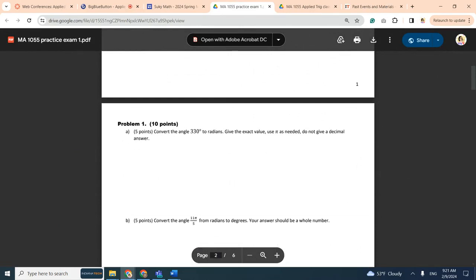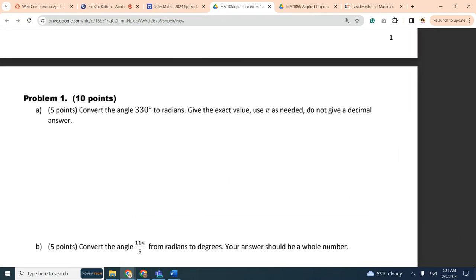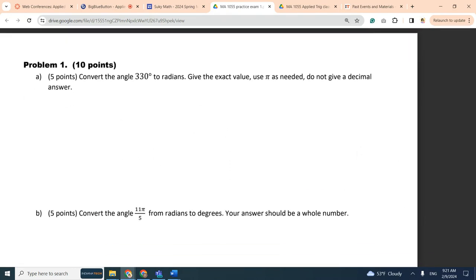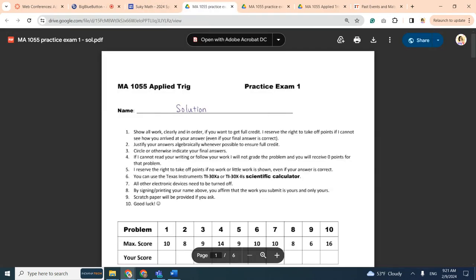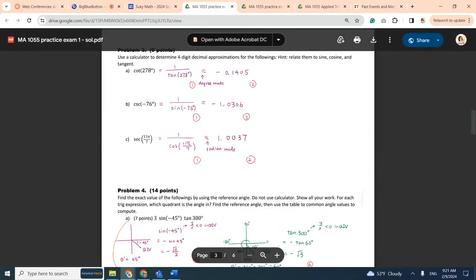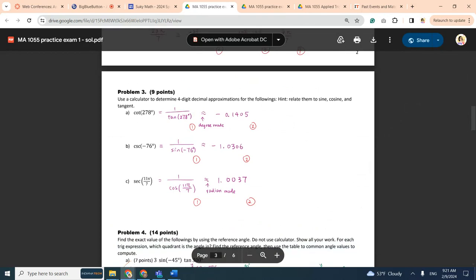And check your answer step by step. Sometimes you might get the right answer, but did you show all the work? If some work is missing, fill those in. Because when you look at the solution, this is what the solution looks like. I give you points. Like here you get 1 point, here you get another 2 points.